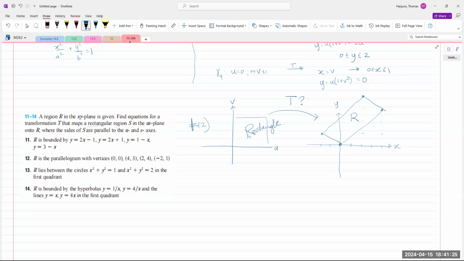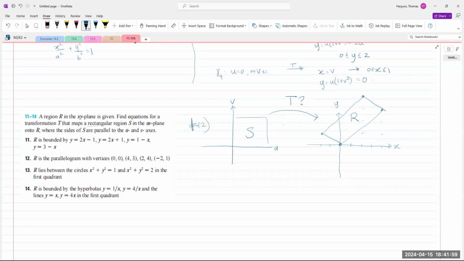We need to find the transformation from something nice. Let me not use the word rectangle, but let me use the word S. Find the rectangular S in UV that is nice, such that after a certain transformation T, you get an ugly parallelogram R, which is kind of strange, right? When we do plastic surgery, we're supposed to get something nicer.